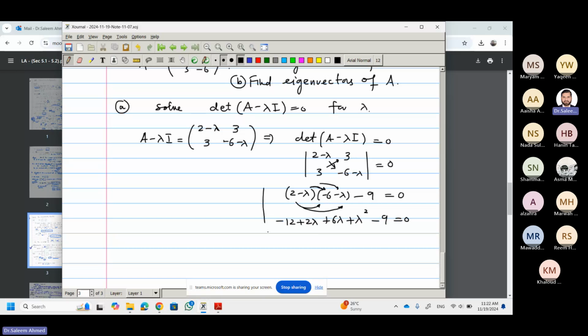So see here what I got. Let's write it here: lambda square, 6 plus 2, 8 lambda, and minus 12 minus 9 is minus 21.